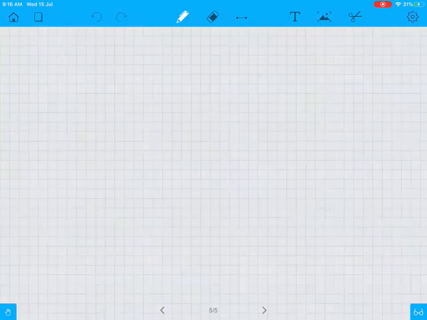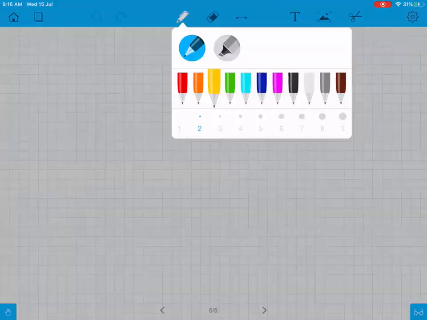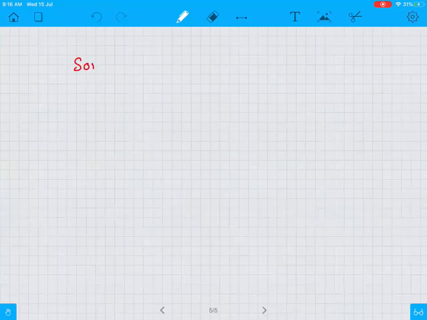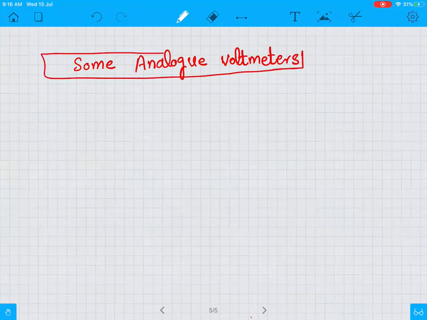You must know that for an analog voltmeter, the actual quantity is the voltage and the apparent quantity is the angle of deflection, because they have pointers. Now let's suppose we have some analog voltmeters.